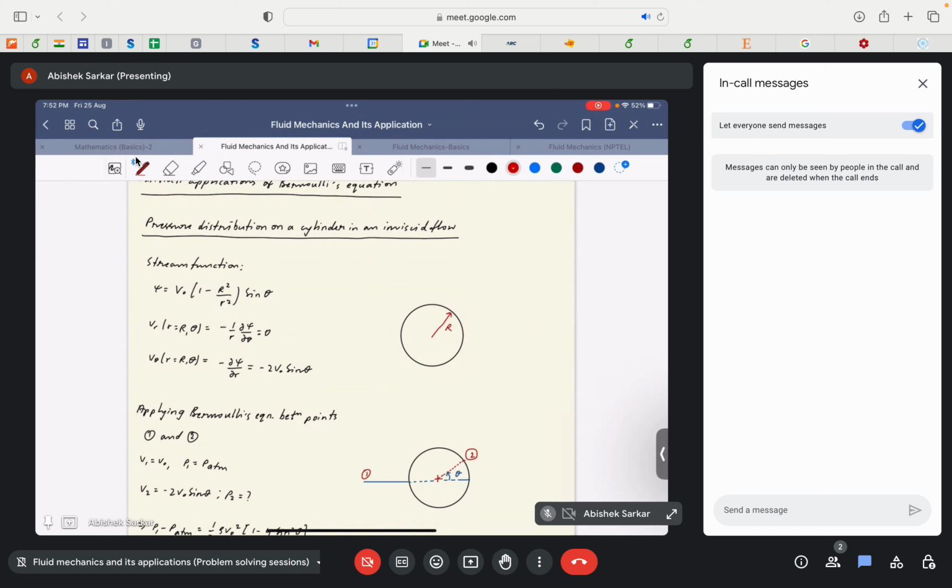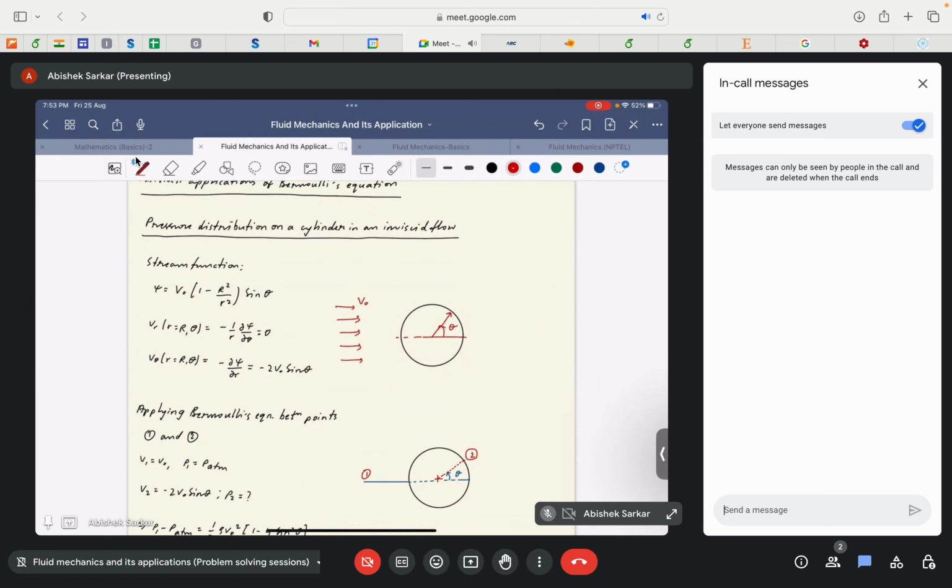Okay, and the radial velocity can again be given by 1 by r dou psi by dou theta. Let me represent theta as well, just to be clear.